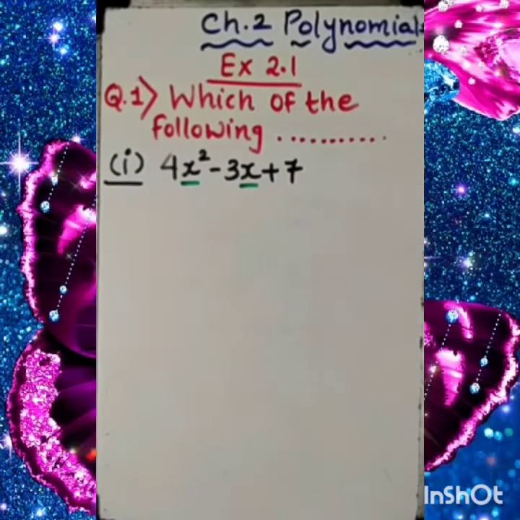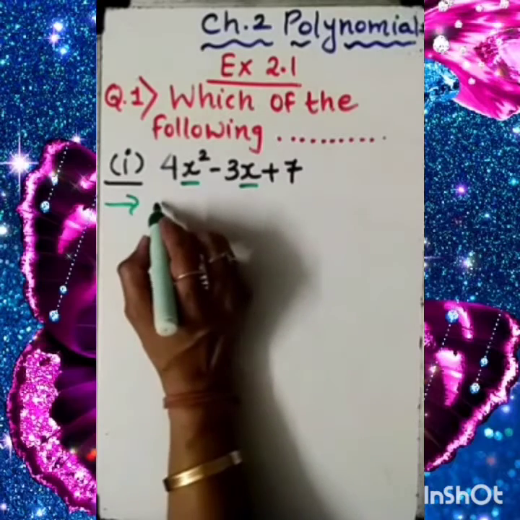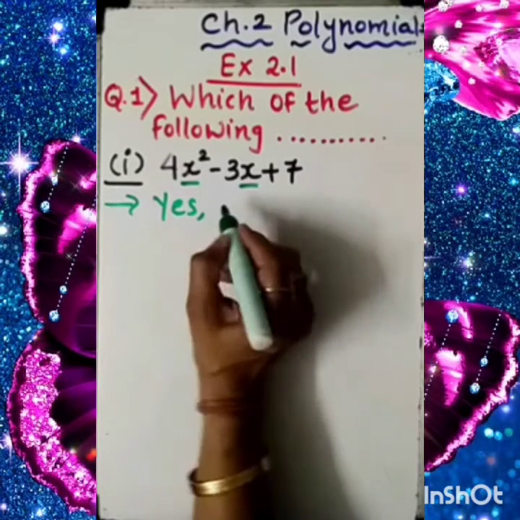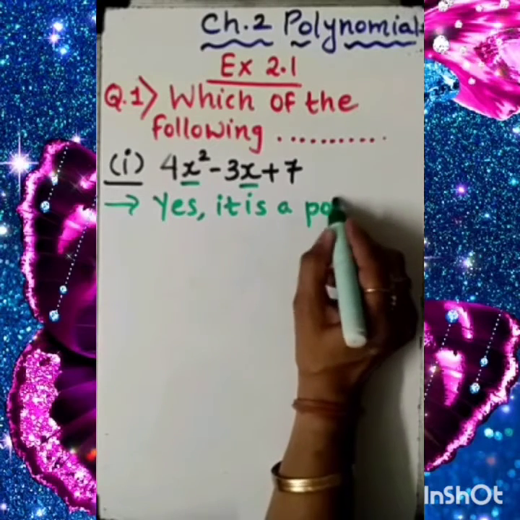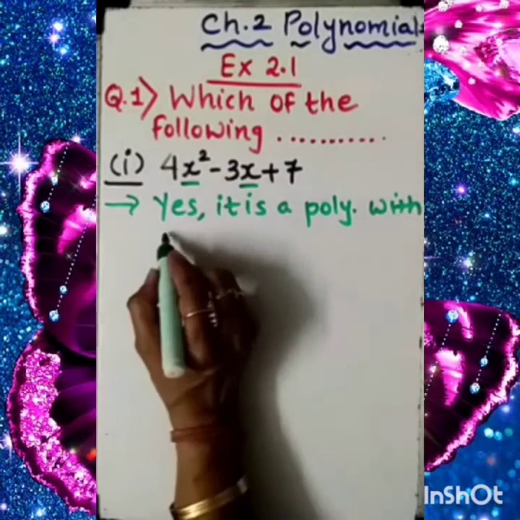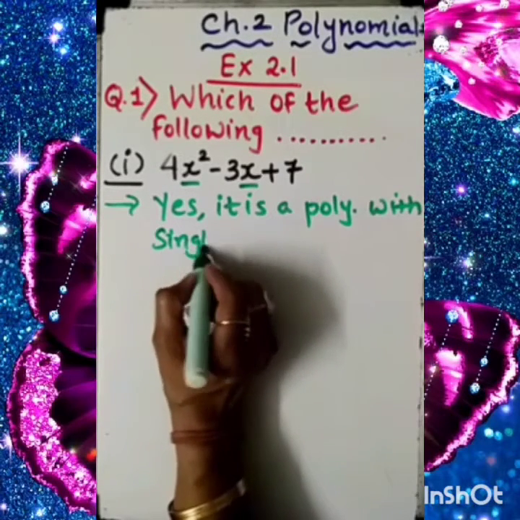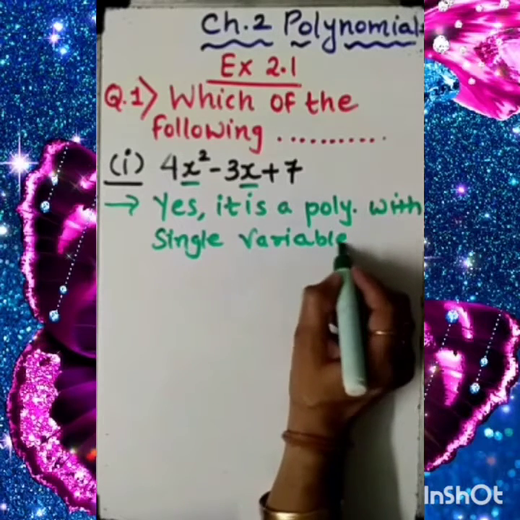So yes, it is a polynomial with single variable. We should write yes, it is a polynomial with single variable. Clear to you?